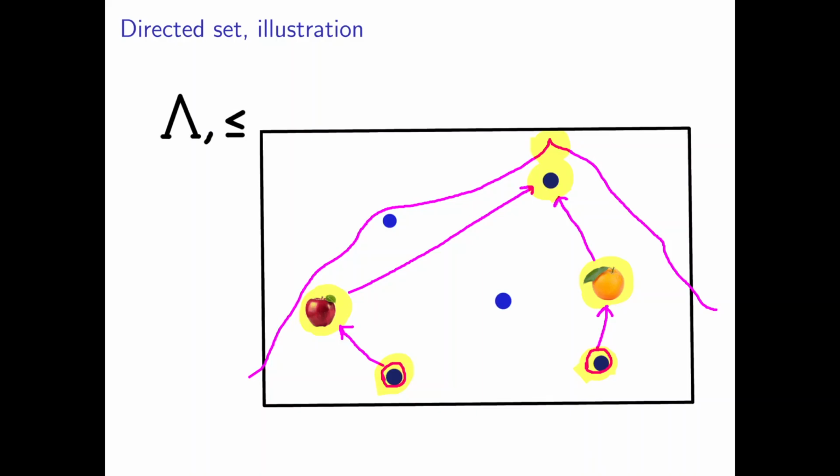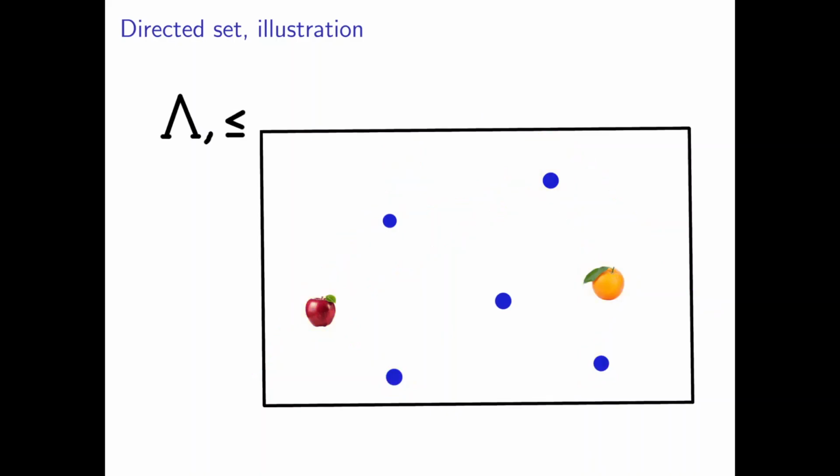There cannot be two different peaks like so, because then these two peaks would of course be related to some other point up here, because they would have a common upper bound. So this is the beauty of having a directed set, that you can't have this scenario where you have two different peaks and you don't know which peak is higher up.